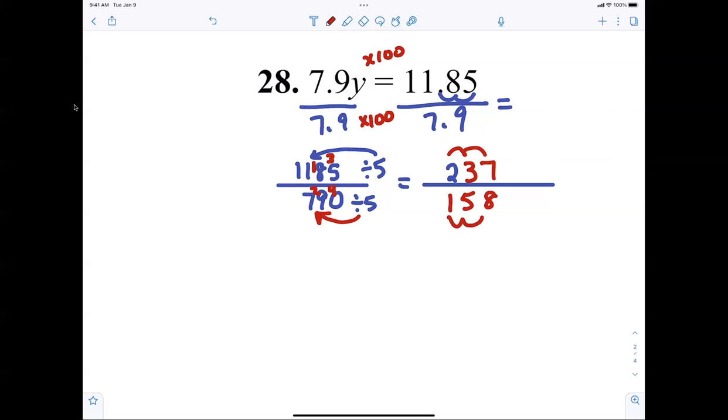No. So it can't be divisible by 3, can't be divisible by 6, can't be divisible by 2. Definitely not divisible by 4. So Ryan, does that reduce anymore? Not to my knowledge. I don't think so. So this was a little bit strange. We're going to leave it as y equals 237 over 158. Anybody have any questions with that?